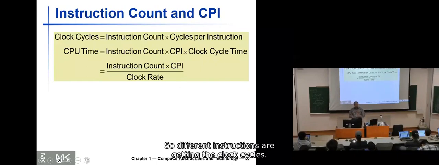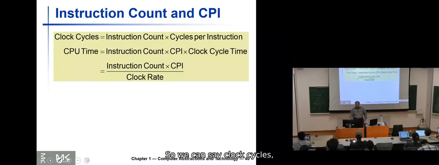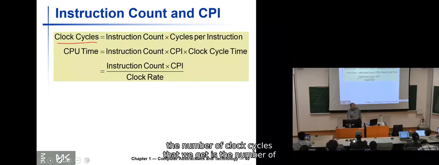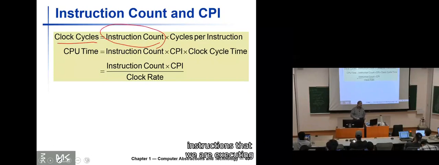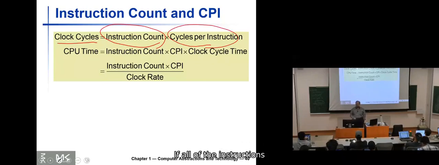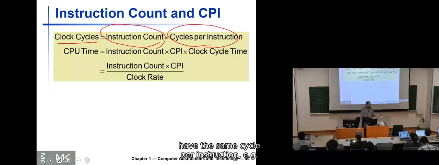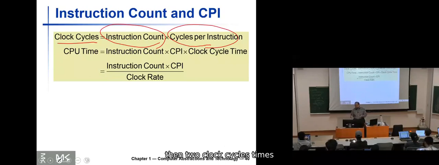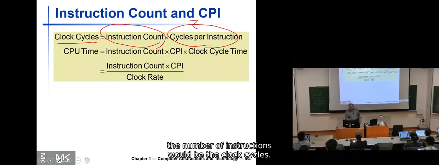So different instructions are getting different clock cycles. We can say the number of clock cycles that we get is the number of instructions that we are executing times the number of cycles per instruction. If all of the instructions have the same cycles per instruction, for example, all take 2 clock cycles, then 2 clock cycles times the number of instructions would be the clock cycles.